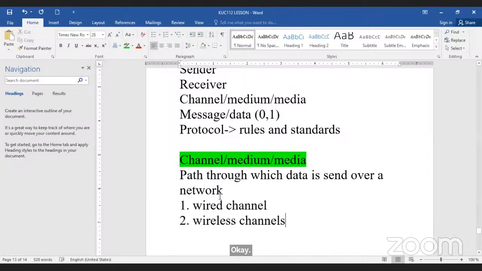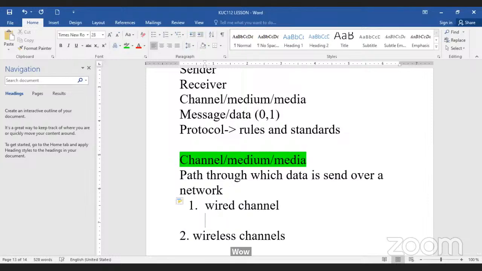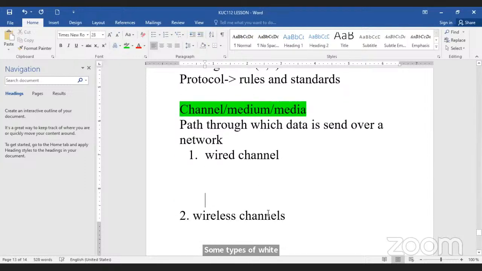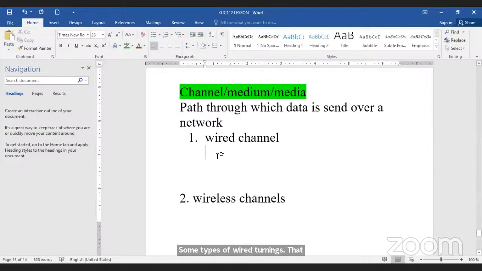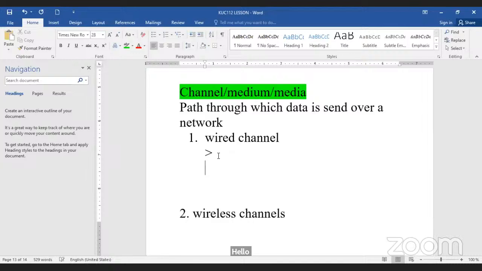So maybe through the chat, can we mention some types of wired channels that computers usually communicate through? What are some types of wired channels that computers communicate through? Through the chat, can you let us respond?